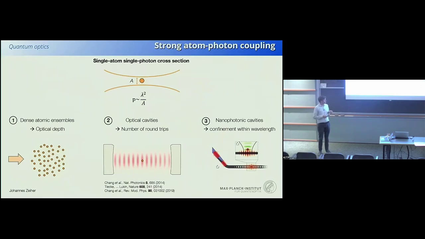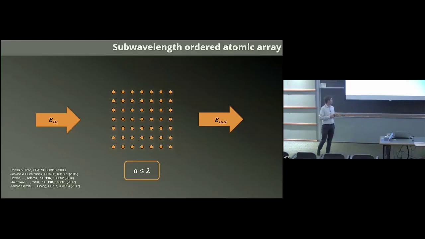What I will be talking about towards the end is our efforts on building cavity QED systems where we put single atoms inside cavities like shown here. But most of the talk, especially the beginning, will be focused on our efforts to realize strong light-matter coupling in free space by not using disordered atomic arrays, but ordering the atomic ensemble and then letting the light field interact with an ordered atomic array.